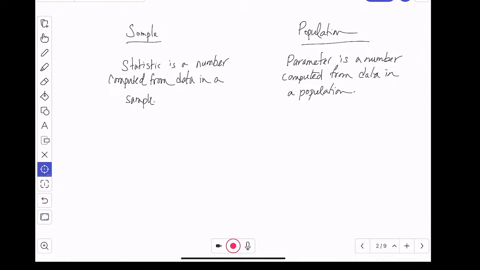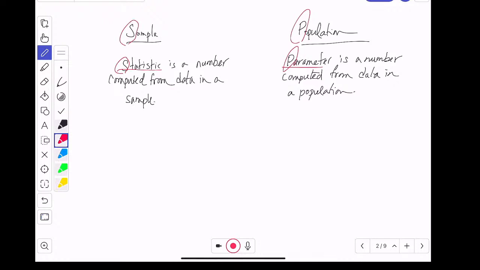Okay? So to remember this terminology, parameter starts with a P and population starts with a P, and statistic starts with an S and sample starts with an S. I'm saying this because people use the term parameter quite loosely, and it's very specific in statistics. It's referring to the possibly unknown characteristic of a variable.